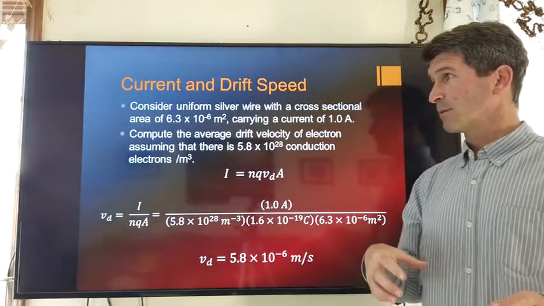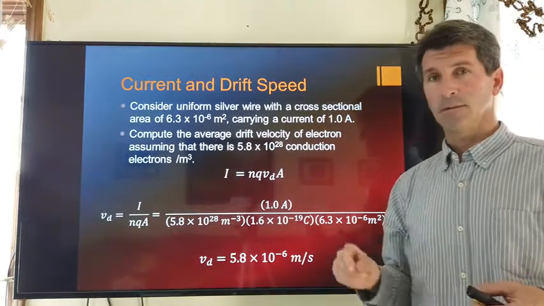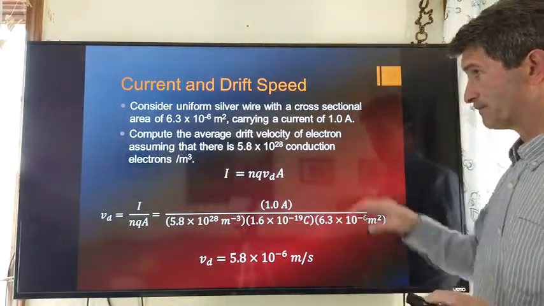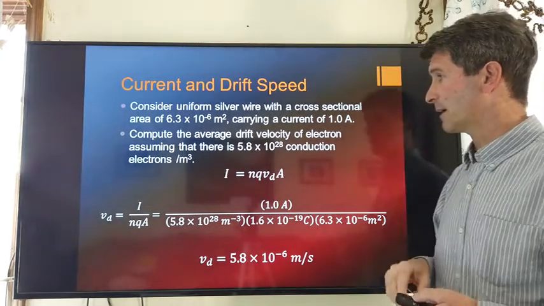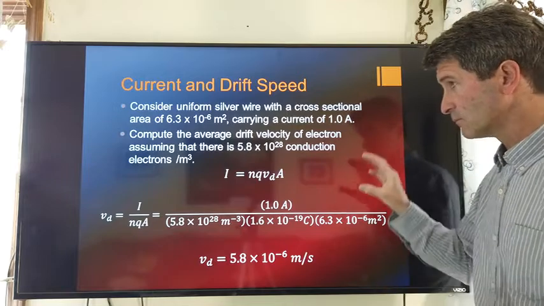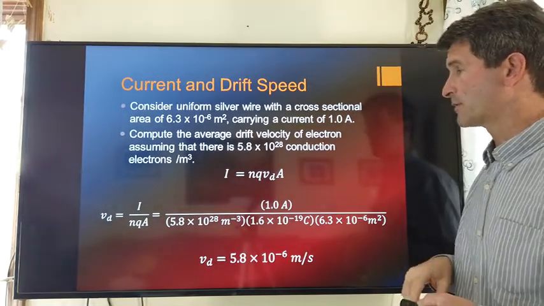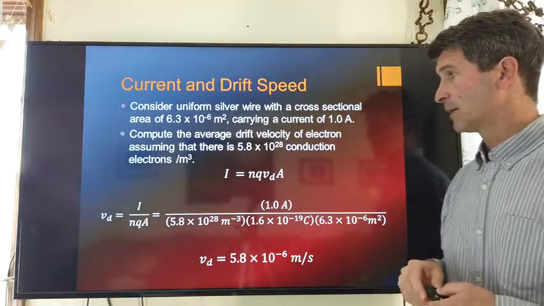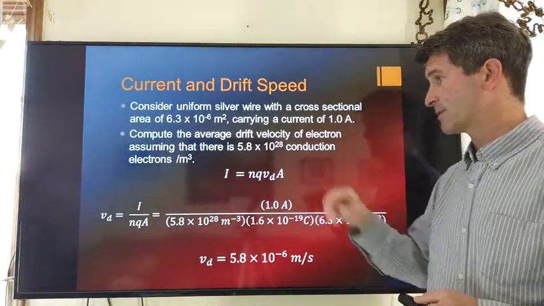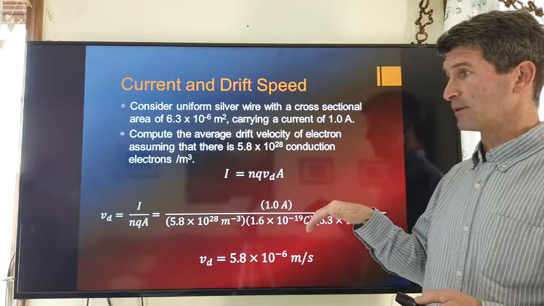So roughly, we're looking at a fairly thin wire, a little over a millimeter across. Let's say it's carrying a very large current for that size of wire, 1 amp. What is the average drift velocity of the electrons, assuming in this metal that we have 5.8 times 10 to the 28 conduction electrons per meter cubed?